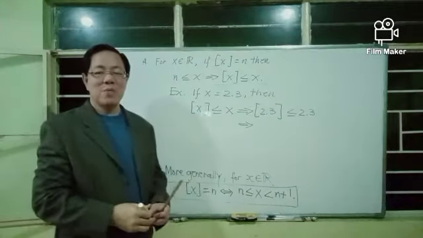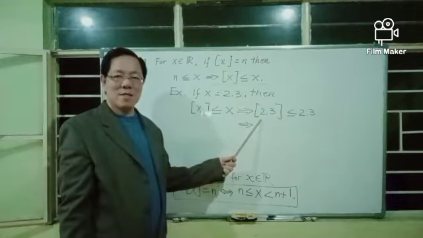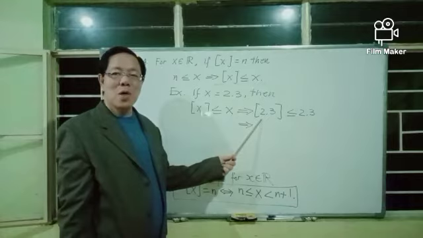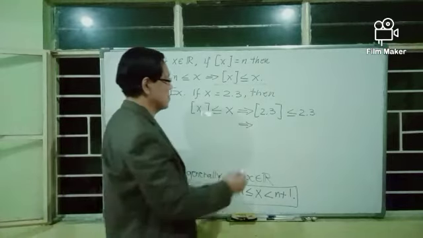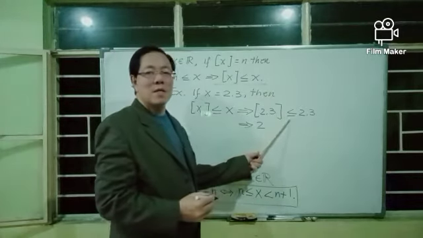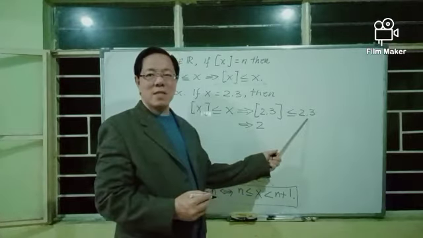By definition of the greatest integer function, the floor of 2.3 is the greatest integer that is less than or equal to 2.3, and that integer is 2. And 2 is strictly less than 2.3. This inequality is still satisfied.